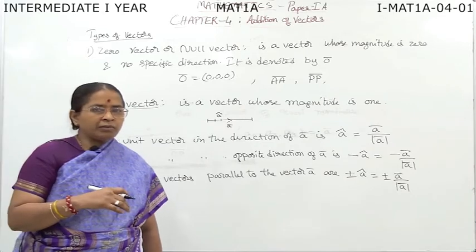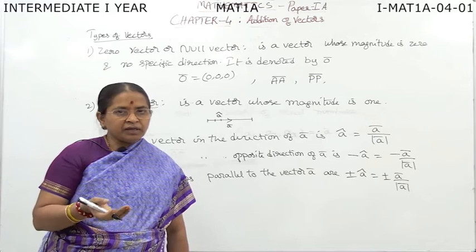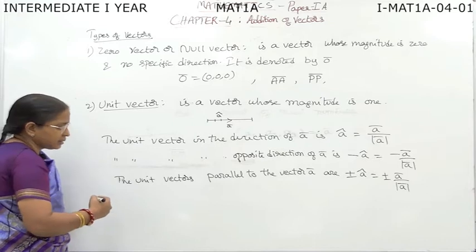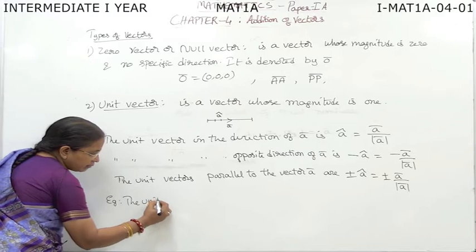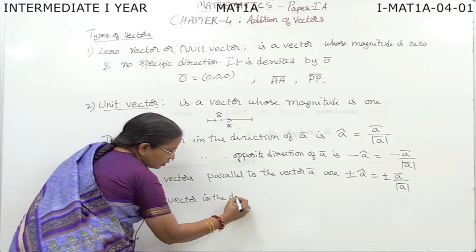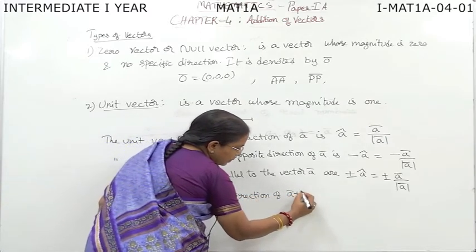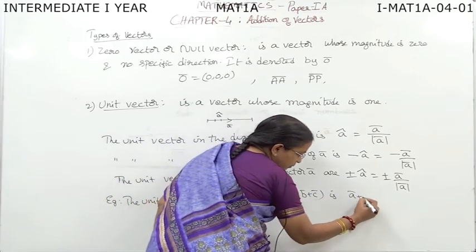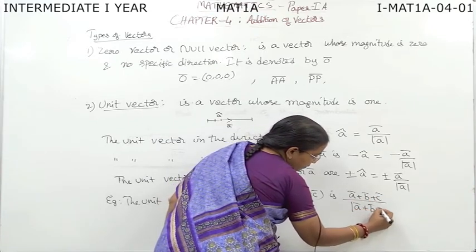Now you have some problems where you have to find the unit vector in the direction of a plus b, in the direction of a plus b plus c, like that, or in the opposite direction of a plus b plus c. So in that case, the unit vector in the direction of a plus b plus c is a plus b plus c by mod of a plus b plus c.